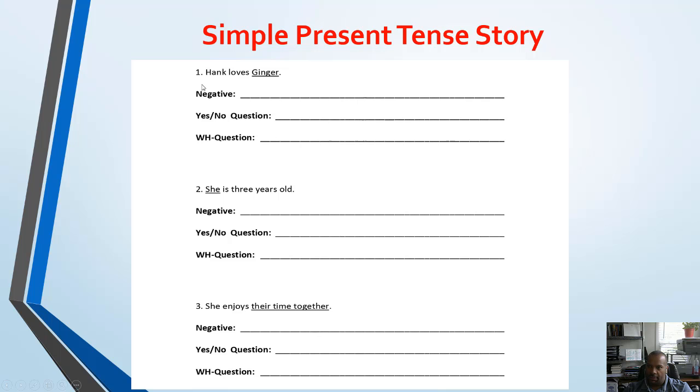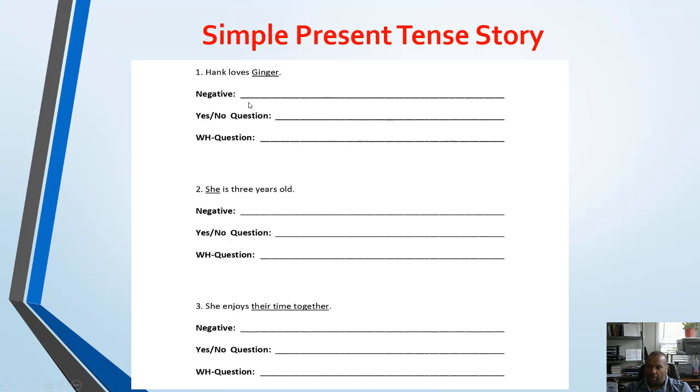Number 1 is, Hank loves Ginger. Okay, underline Ginger. Number 2 is, she is 3 years old. That's number 2. Number 3 is, she enjoys their time together.